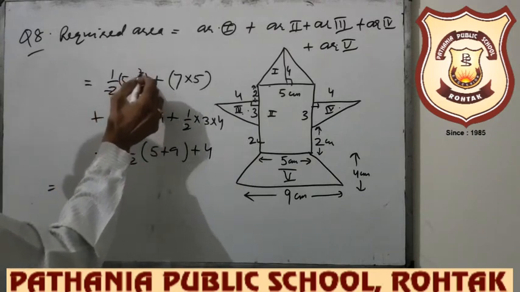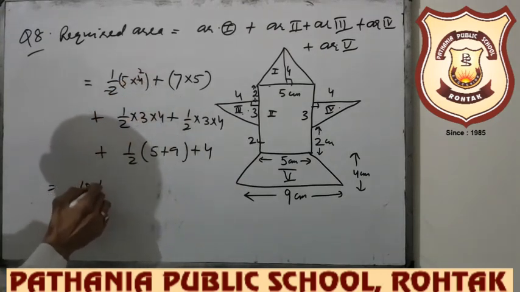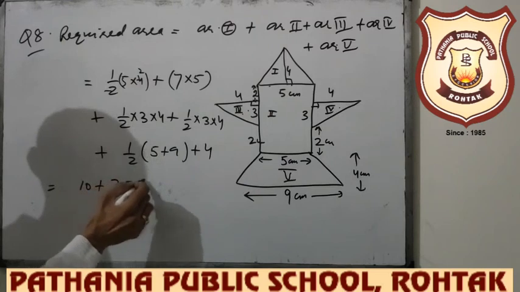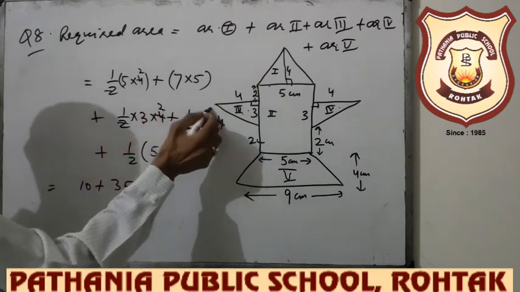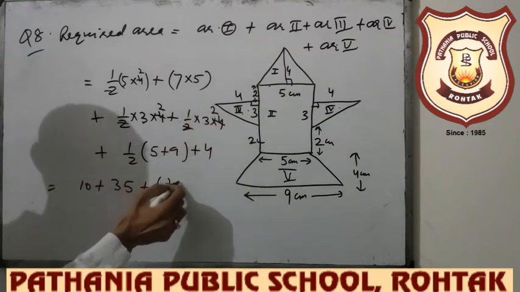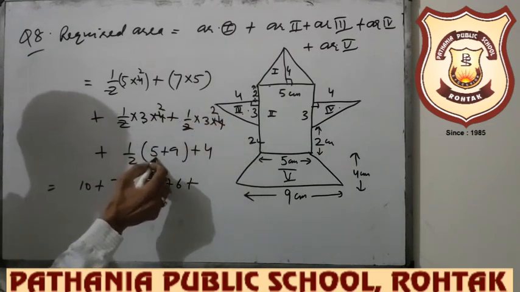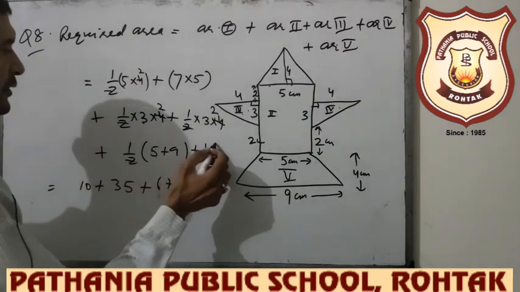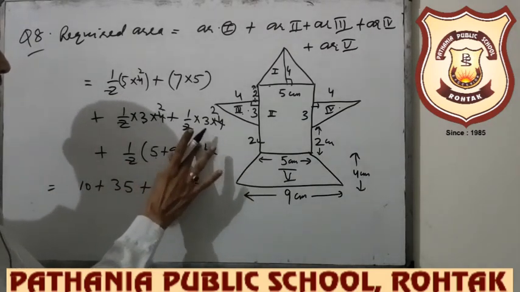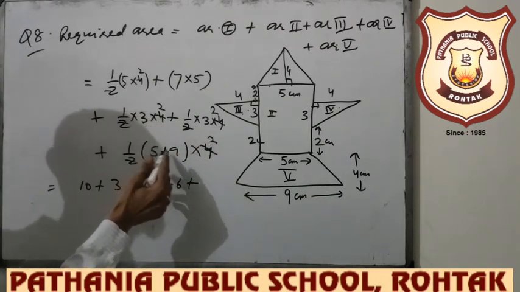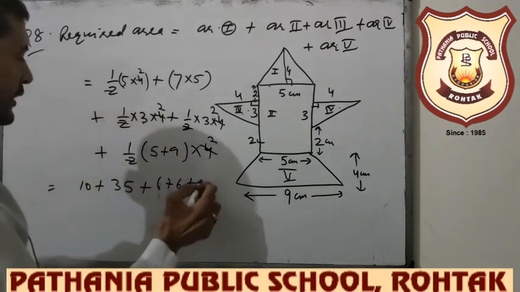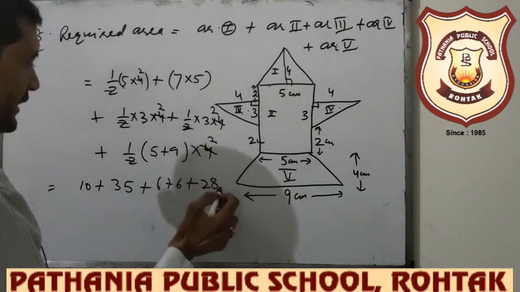This is half of 4 is 2, 2 into 5 is 10, plus 35, plus half into 4 into 6, plus half into 4 into 6, and plus this half into 4 into, beta, half of 4 is 2, and 5 plus 9 is 14, 14 into 2 is 28.